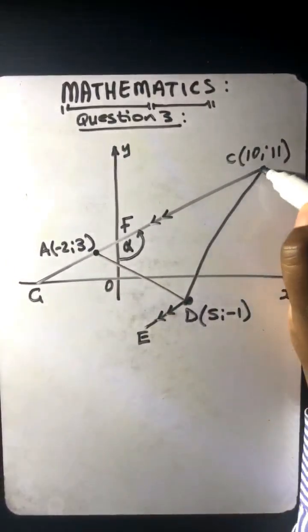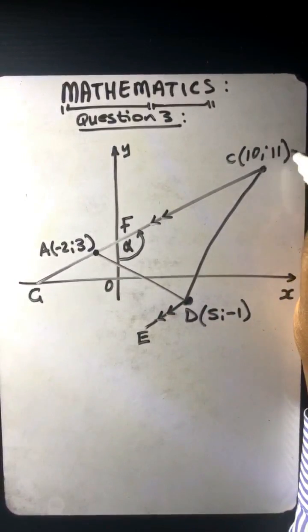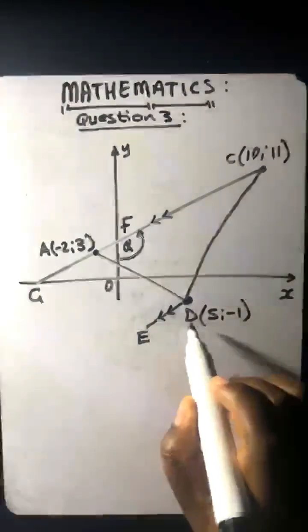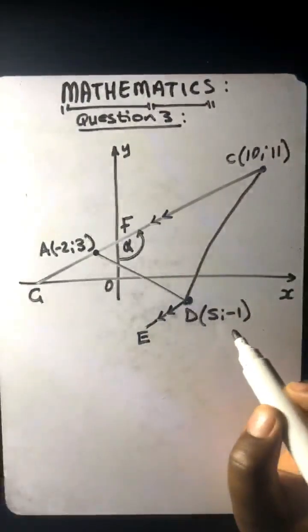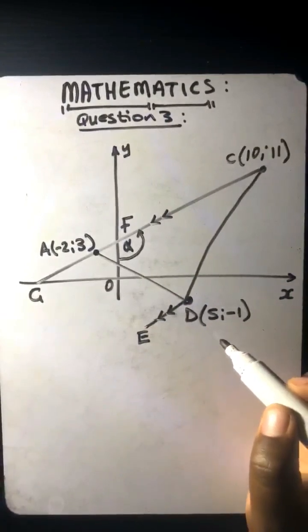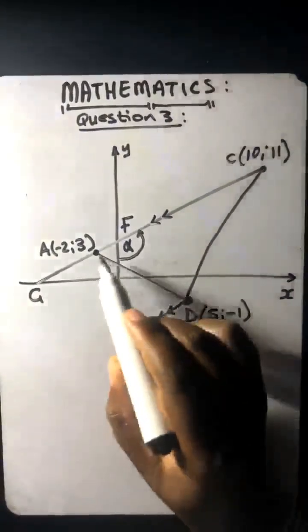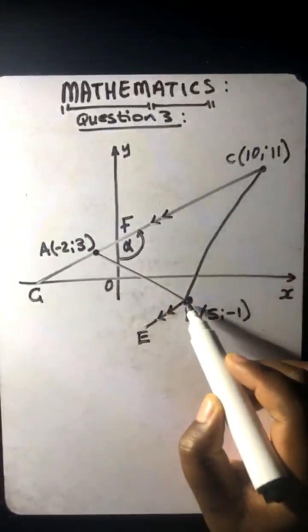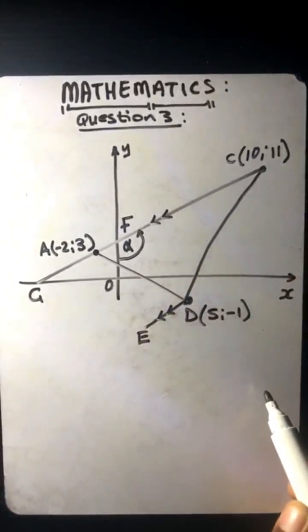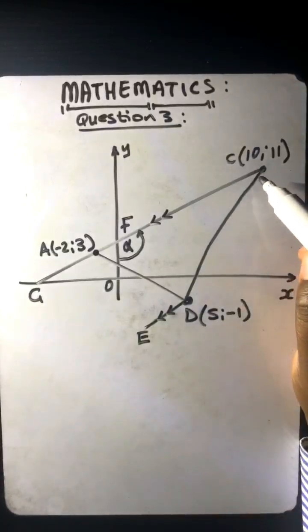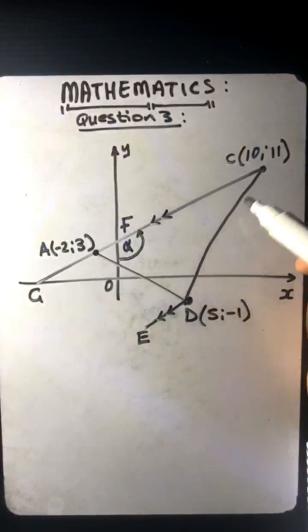Oh, there is C. Yes, it makes sense because it's in the first quadrant, x and y positive. And D, oh, there is D, x being 5, y being -1, are the vertices of triangle ACD. Okay, so they're saying those three points are the corners, the vertices of ACD.